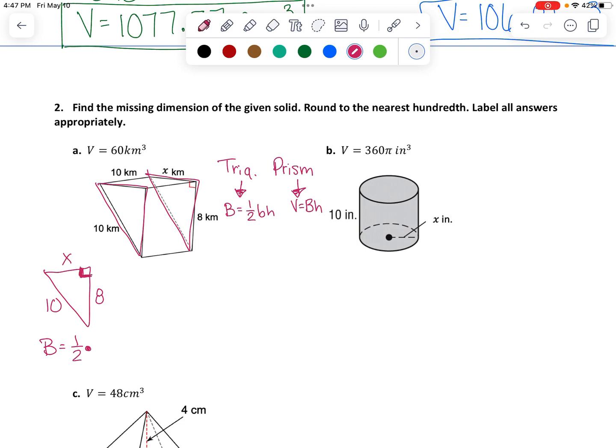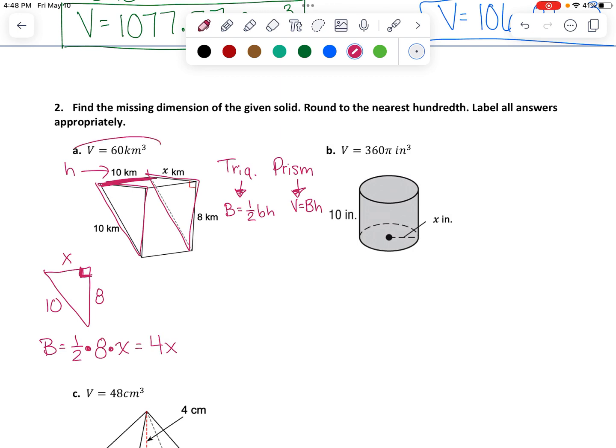The perpendicular is here, connecting the x and the 8, which means it's 1/2 and the 8 and the x are getting multiplied. I can't actually get that as a number, but I can simplify it to 4x. Now the height, which goes from base to base, is right here on my shape, so that's my height.